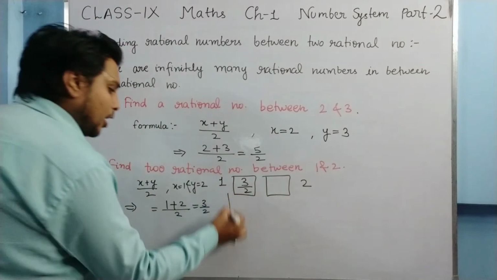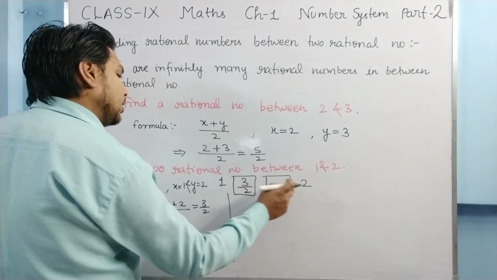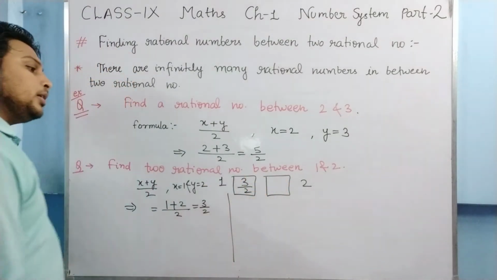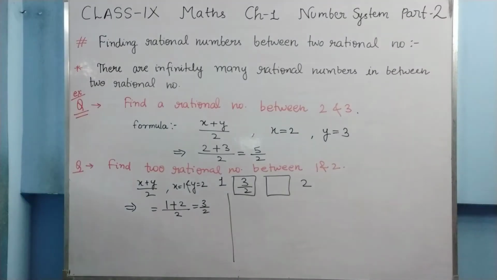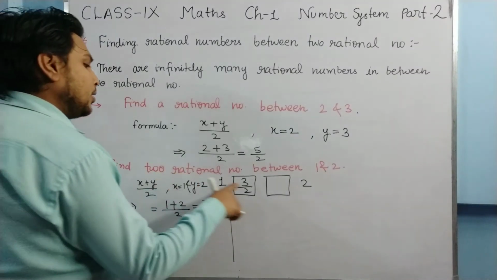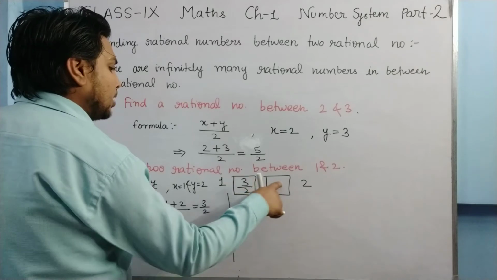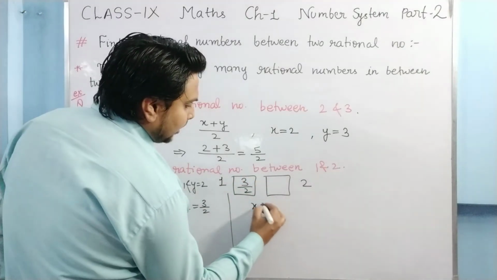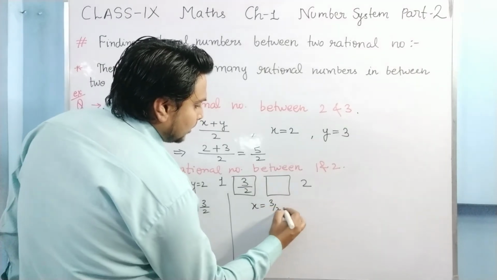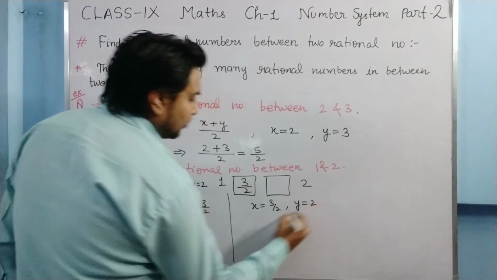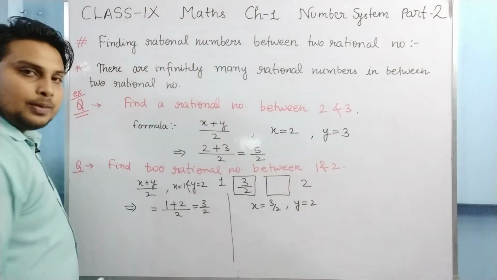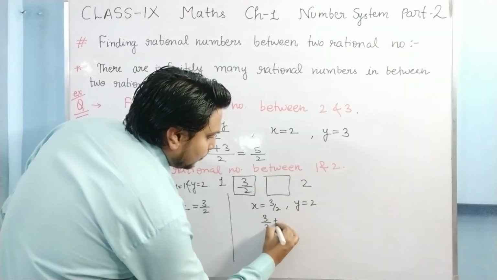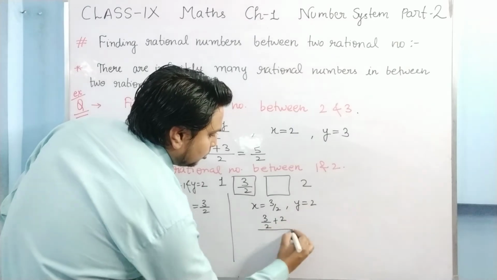Now how will we find the other number? We have to find one more number in between 1 and 2, since two numbers are asked in this question. One number we have found. How can we find the other? This time we will take x as 3 by 2 and y as 2, and again apply the formula (x plus y) by 2. So 3 by 2 plus 2 upon 2.